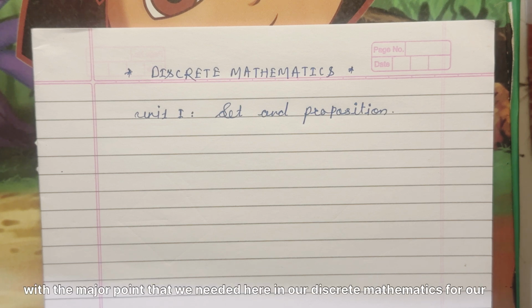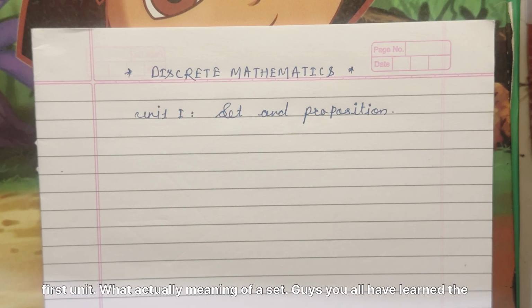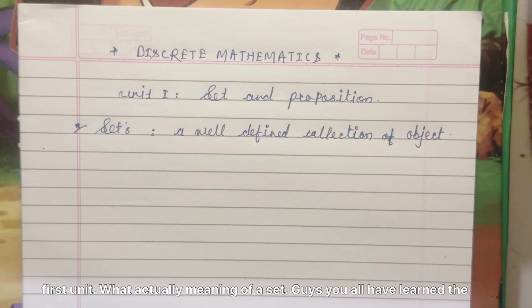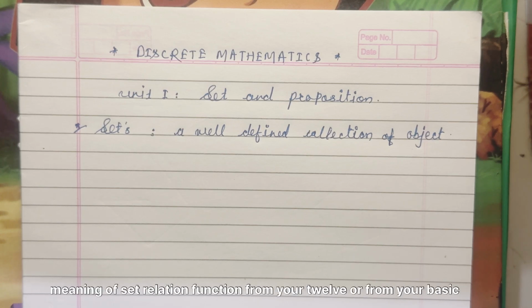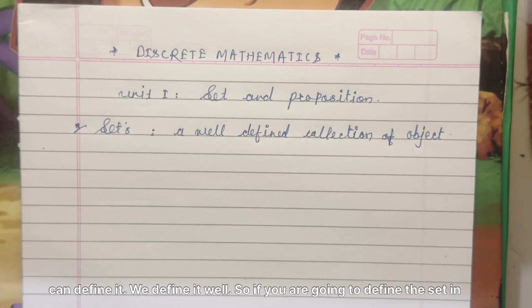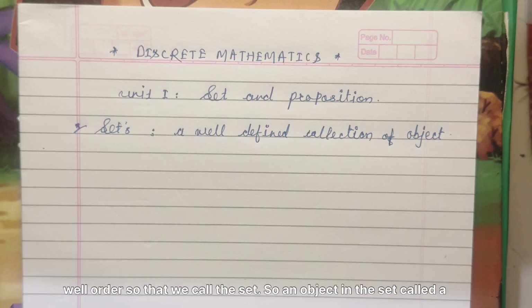We continue with the major points needed in our first unit. What is the actual meaning of a set? You have all learned the meaning of set, relation, and function from your 12th standard or basic standards. A set means a well-defined collection of objects. That means you can define it well. If you define it in a well-defined way, we call it a set.